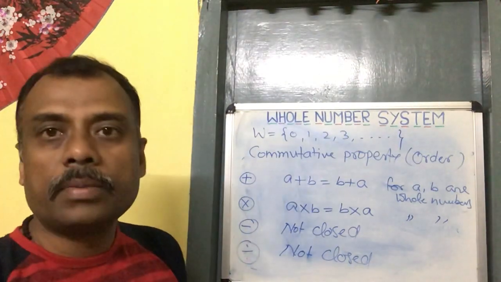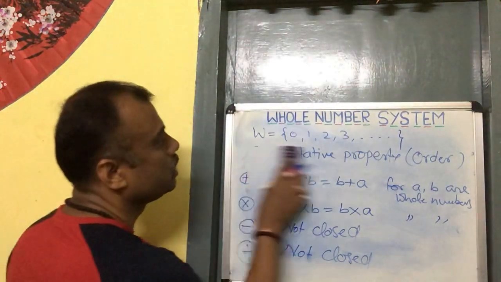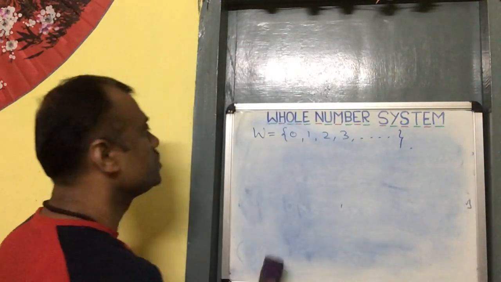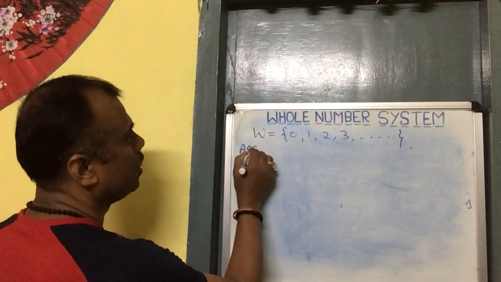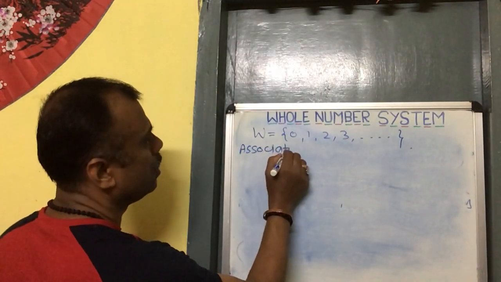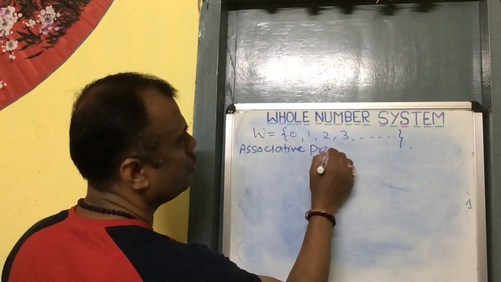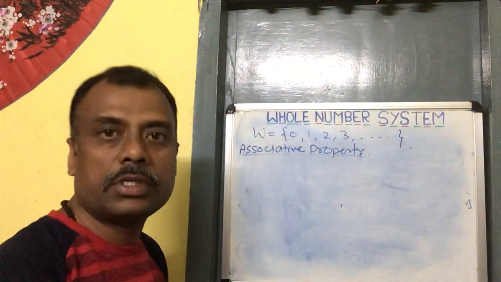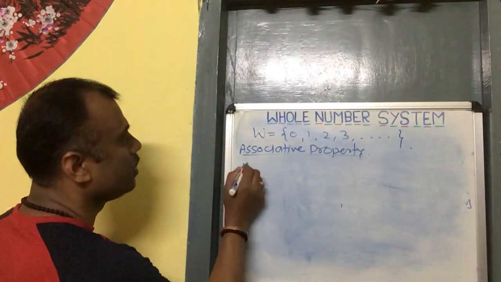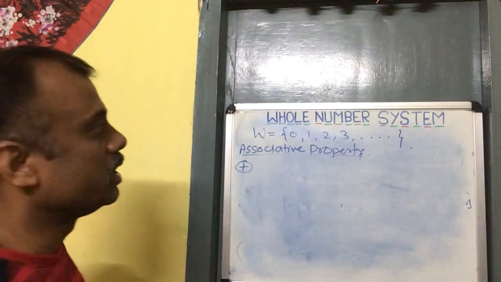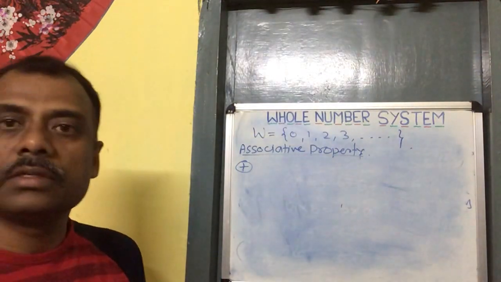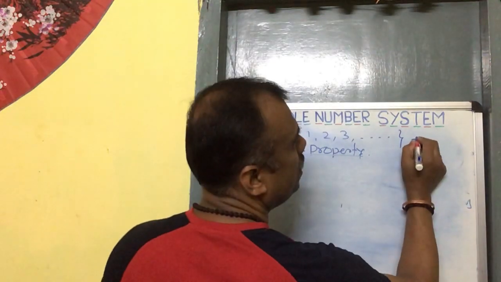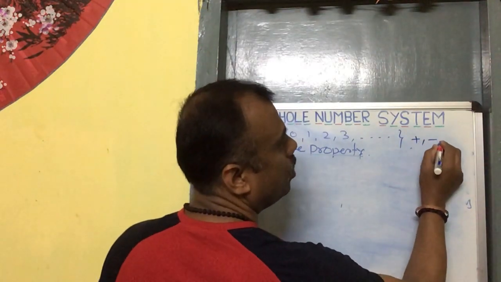Let's move to another property of the whole numbers, that is the associative property. When the word associative comes, you think about the association of numbers. For example, I am going to check for addition. Why are we checking for addition, subtraction, multiplication and division? Because these are the fundamental arithmetical operations.